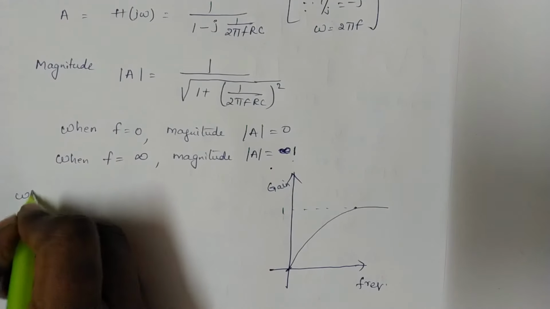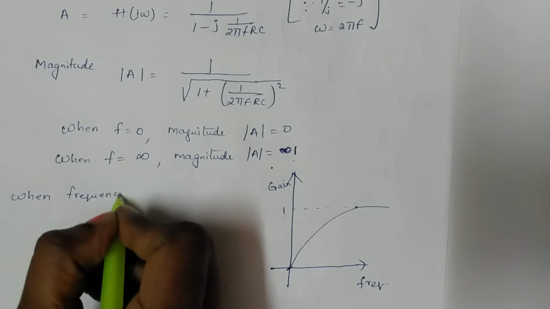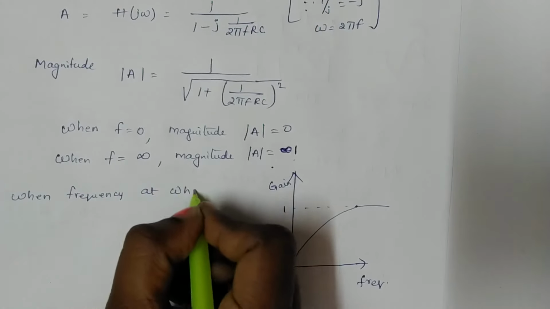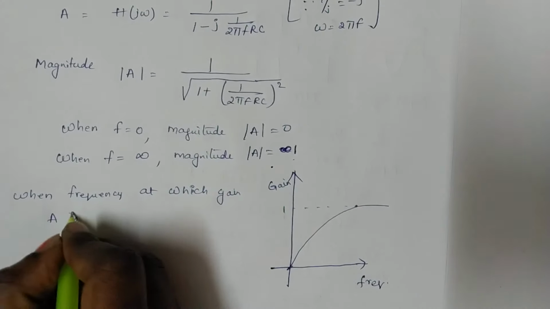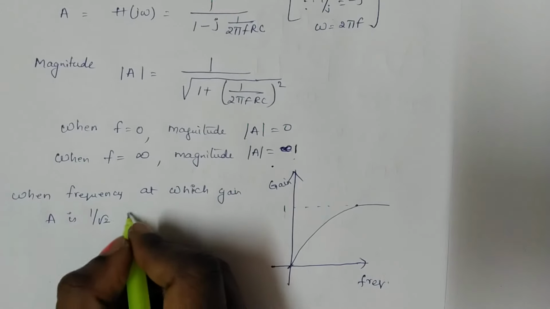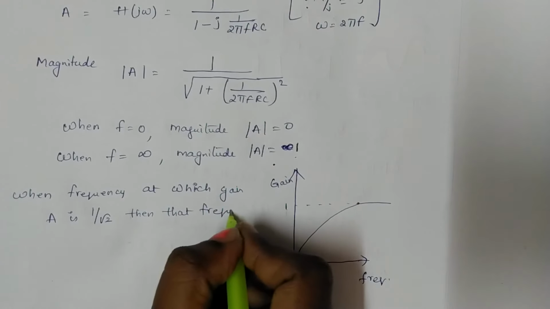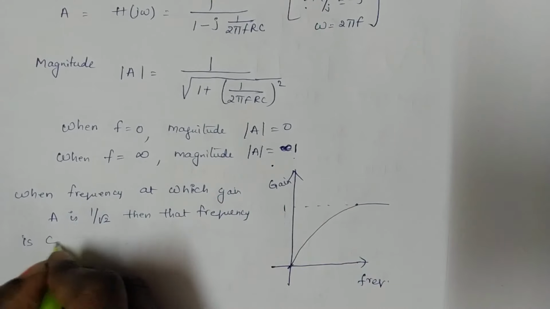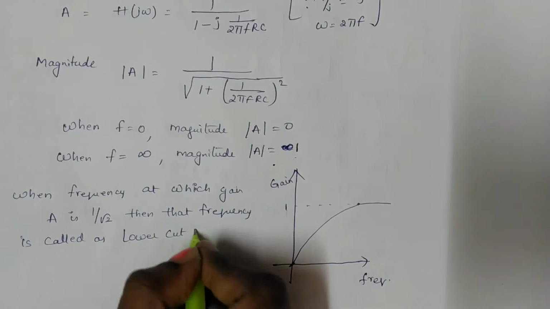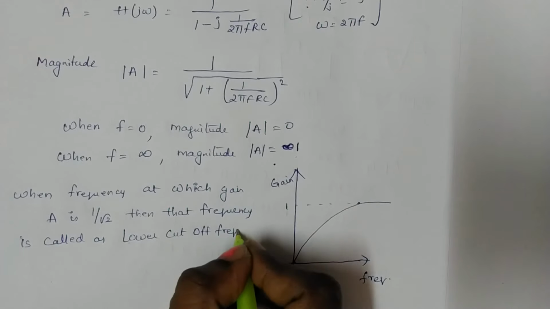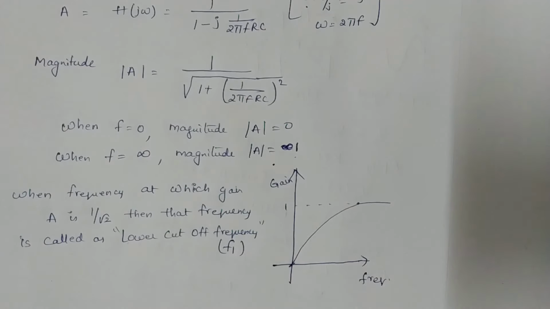That is, the frequency at which gain A is 1 by root 2 is called the lower cutoff frequency, and it is represented as F1.